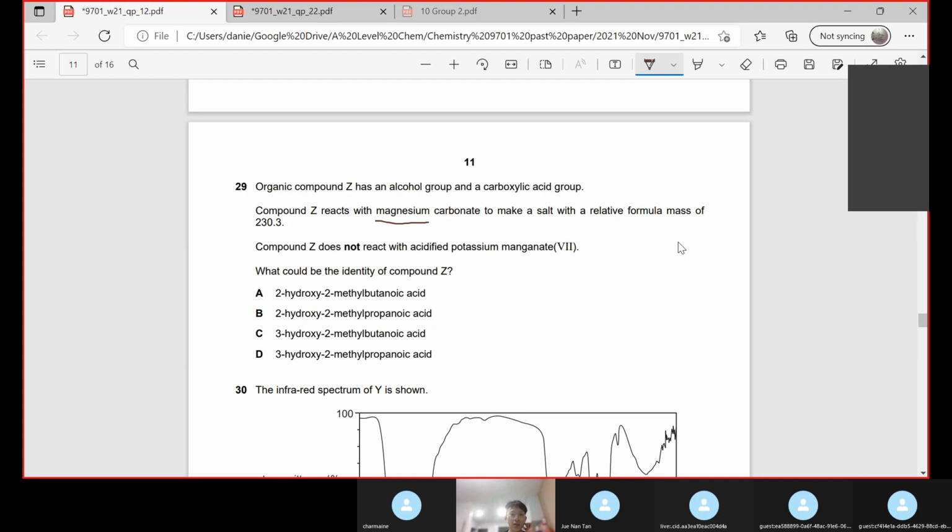So what you have here, don't forget, let's say I put the carboxylic acid as HR. R is the hydrocarbon part. Then the carboxylic acid reacts with magnesium carbonate. What is the salt you get? The salt is Mg(R)2.